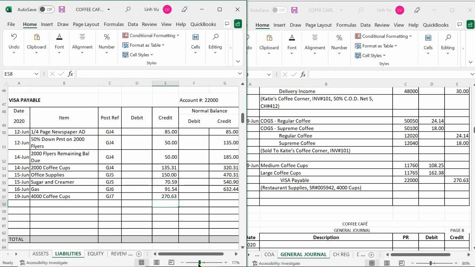Three plus four is 7. 4 plus 6 is 10. So 0, 7. 3, 0.